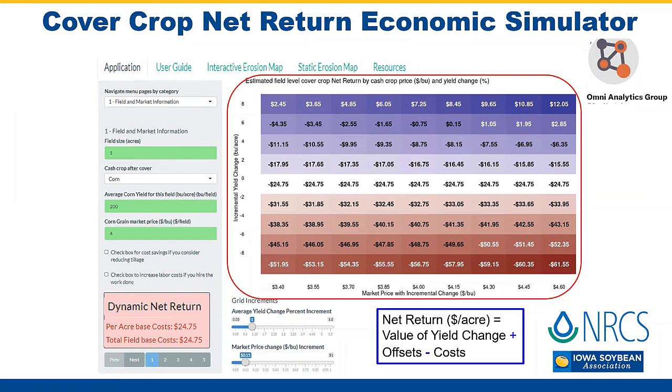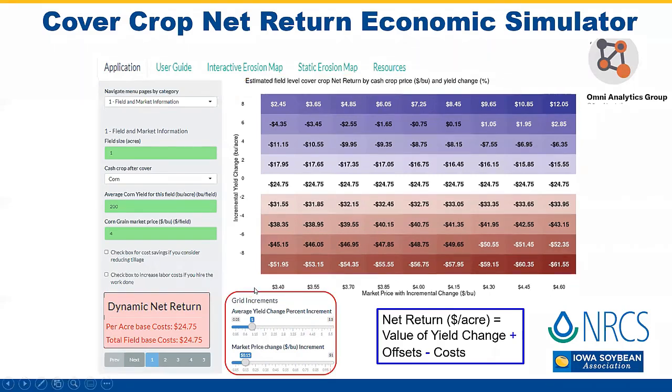And that's the uniqueness of the tool, that it can allow a user to visualize this combination and make some decisions. Another feature of the tool, you can adjust the yield change on the vertical axis and the price by using these sliders. And later I'll show a little bit how to use it.